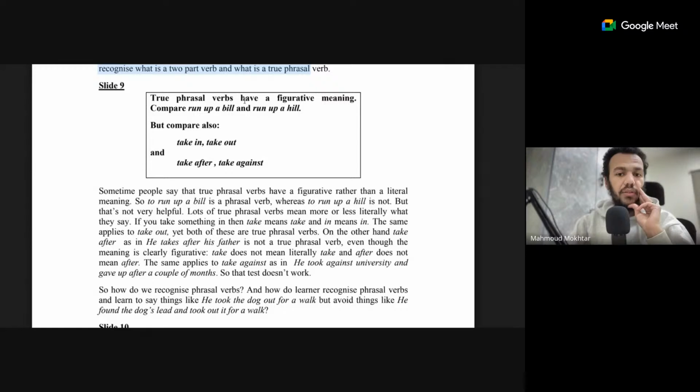True phrasal verbs have figurative meaning. Compare run up a bill and run up a hill. But compare also take in, take out, and take after, take against.